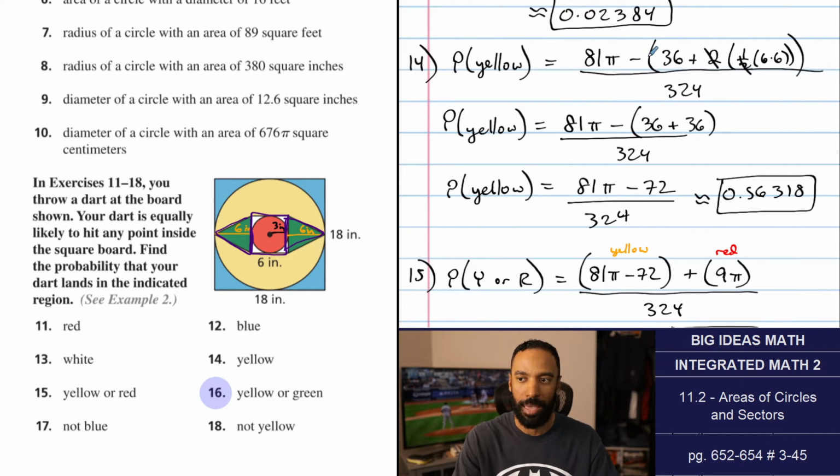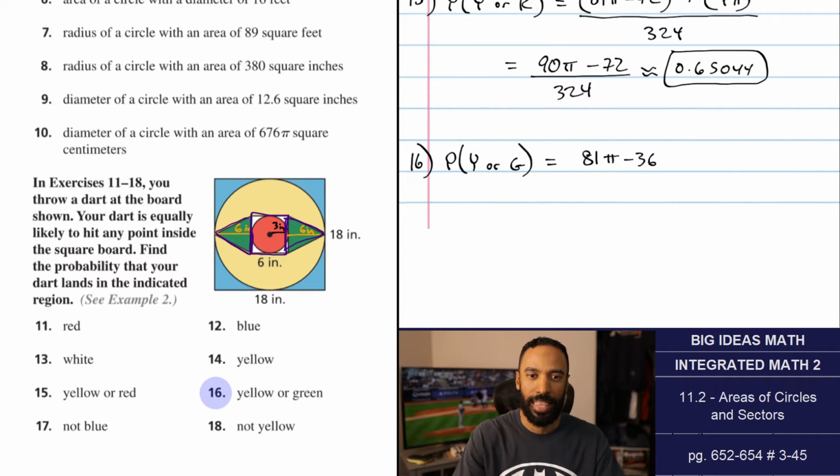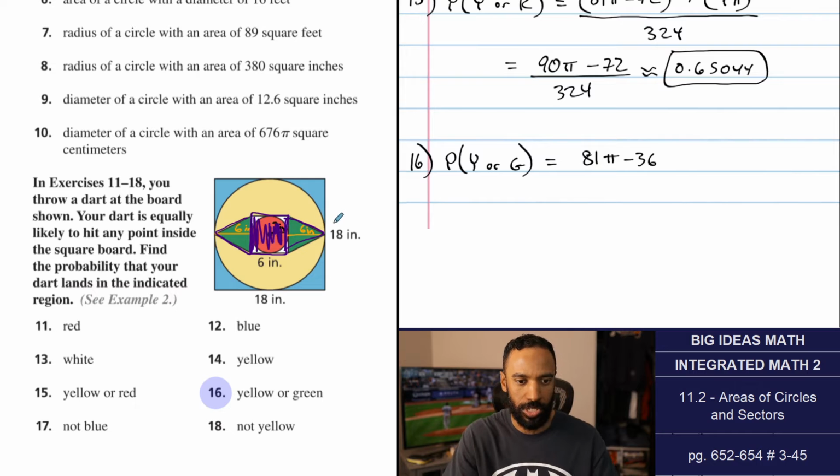We'll just do 81 pi minus this 36. This was the area of the white square. So let's just do 81 pi minus 36, and that includes this yellow taking this out, and we're now just left with the yellow and the green portions together. And now we're dividing by the 324.